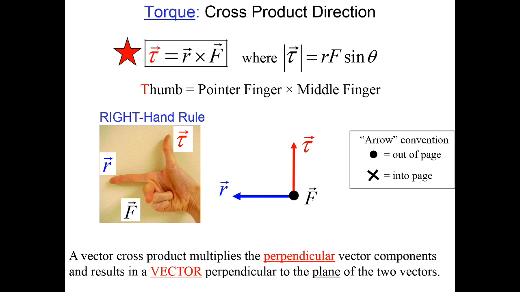So that means your thumb is going to be pointing perpendicular to the pointing finger and the middle finger, so the thumb is pointing in the direction of the torque. So in the case shown here, the lever arm is pointing to the left, the force is pointing out of the page, and that means the thumb is pointing straight up as it's shown, so that's telling us that the torque here is pointing up.